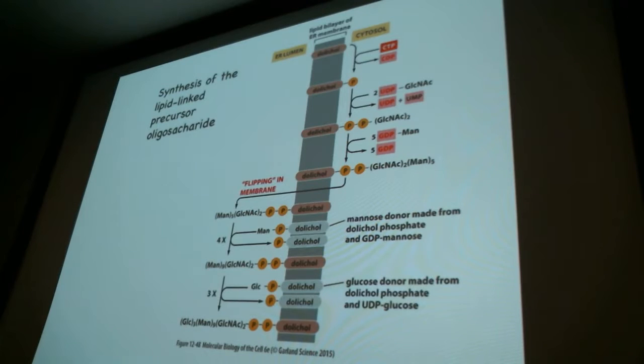So one important sequence that occurs is an interesting example of this flipping that has to occur, right? So cells had to solve all these complicated problems in which I just told you, this is apparently contradictory: that this sugar is attached to proteins on the luminal side of the ER.